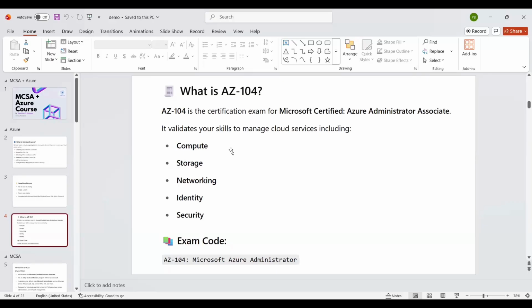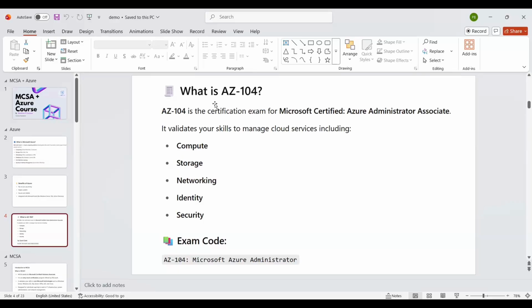AZ-104 is administration for Azure. Sir, the certification holds only for 1 year, no? Yeah, the validity of the certification is 1 year. And after the 1 year, you will apply for the renewal.